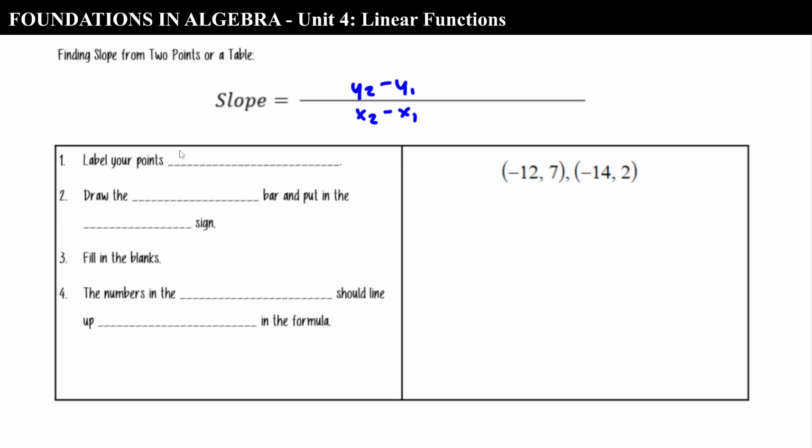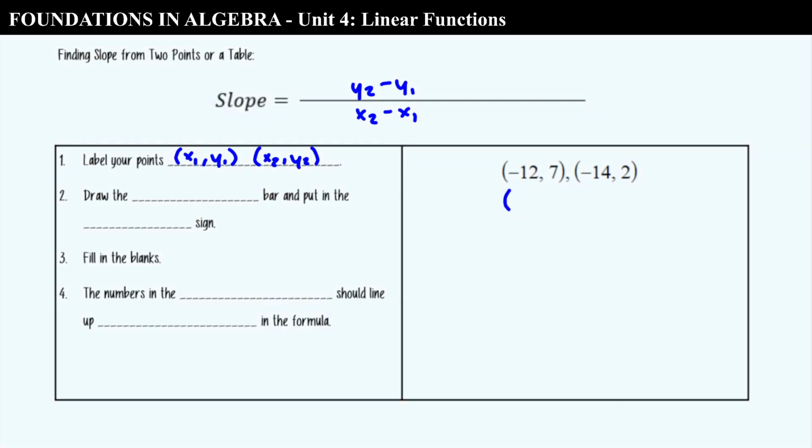So the first thing you're going to want to do is label which point is going to be which. And it doesn't really matter which is which, just as long as your x1 and y1 go together and your x2, y2 go together. So after you label them as such, so I'm going to do that here.